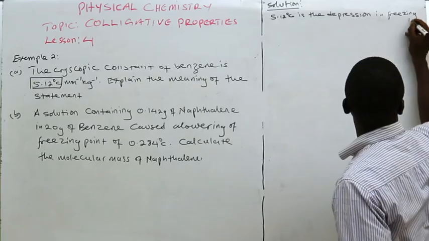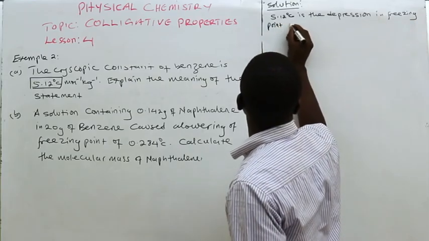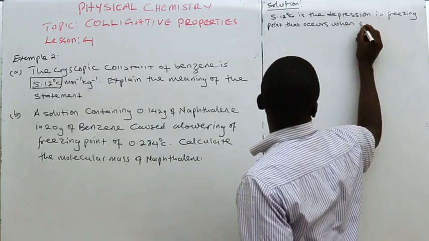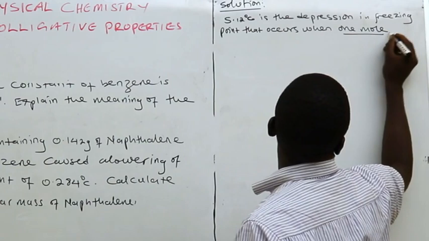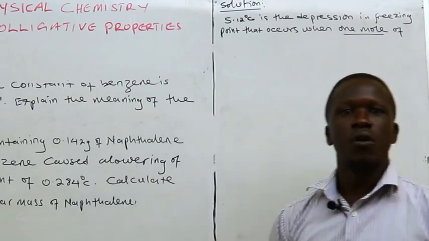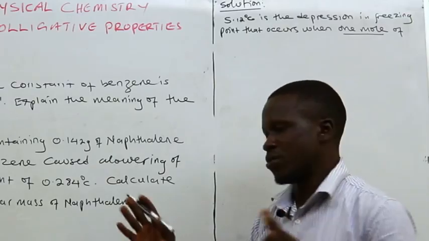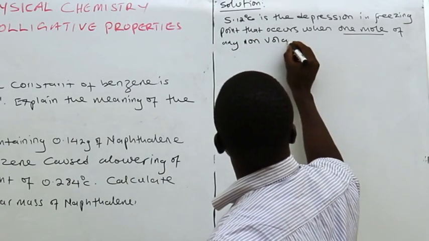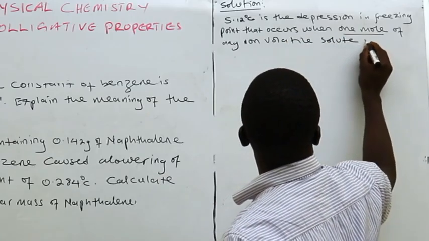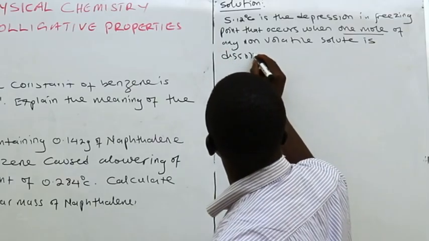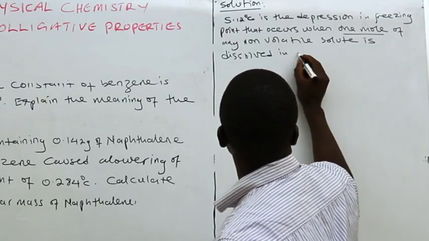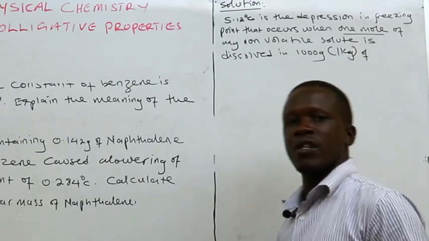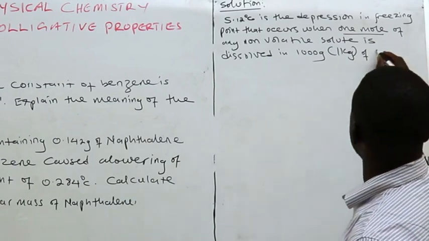The depression in freezing point that occurs when 1 mole of any non-volatile solute is dissolved in 1,000 grams, which is 1 kilogram, of benzene.